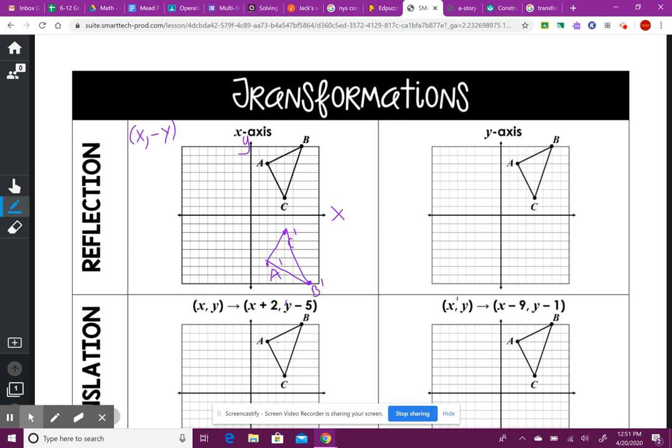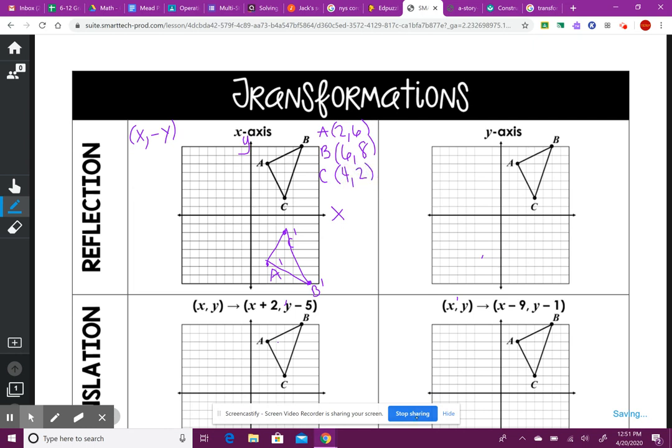And if you were required to actually write down the new ordered pairs, you should be able to do that as well. For all of these different examples, they're all going to have the same exact starting ordered pairs, which is helpful, especially when I want to show you guys the rules. So here are the originals.